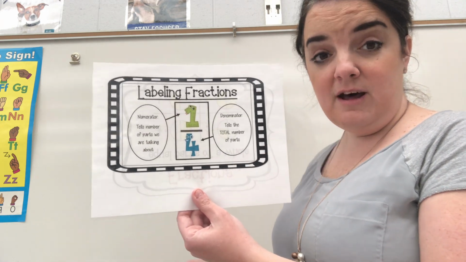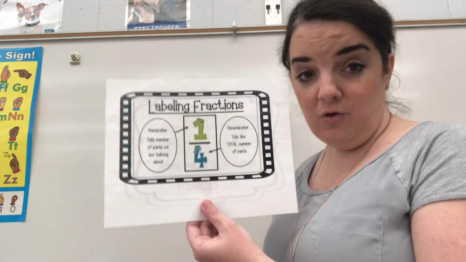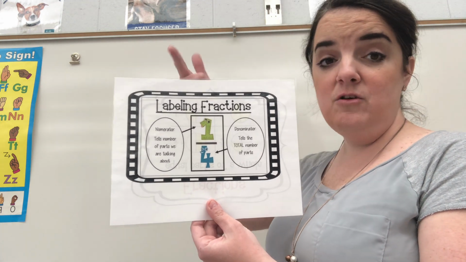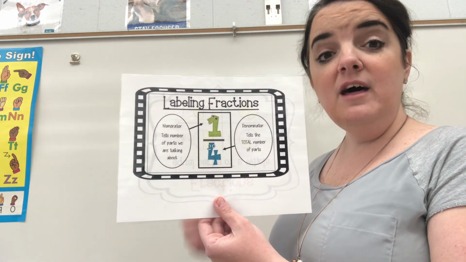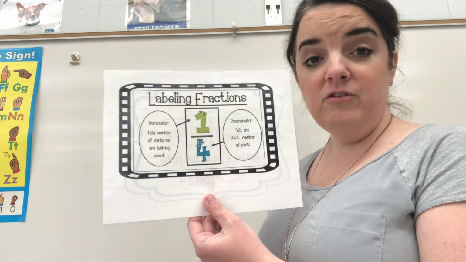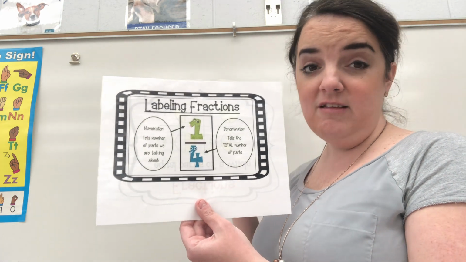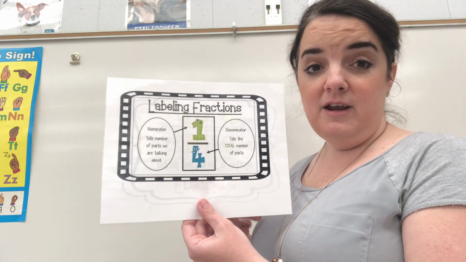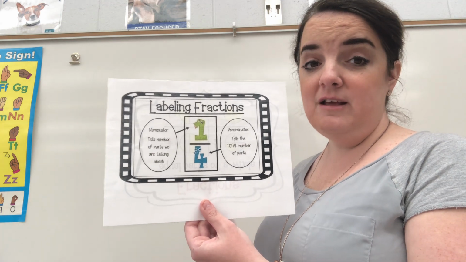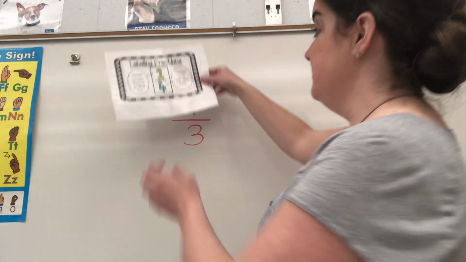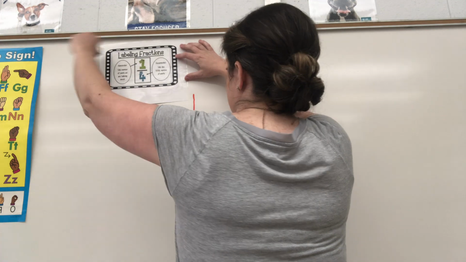So what does the denominator tell us? The total number of parts. And the numerator tells us the number of parts that we are talking about. I'm going to ask you the different names at the end and their meanings, so try to remember that. I'm going to hang this up here on our board.